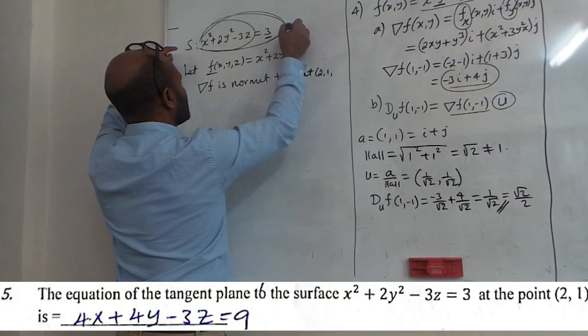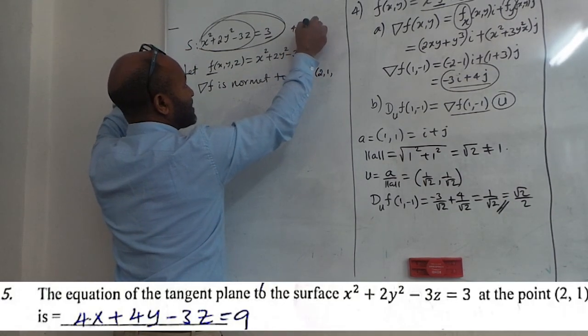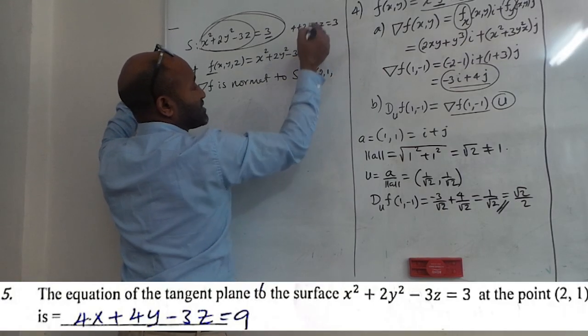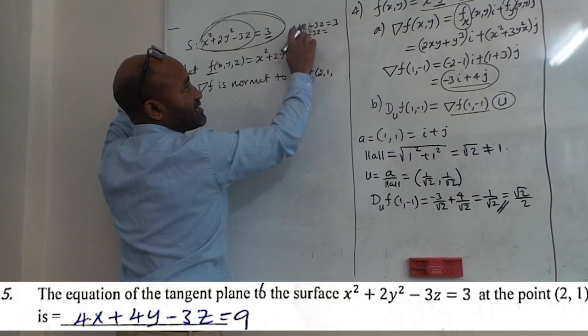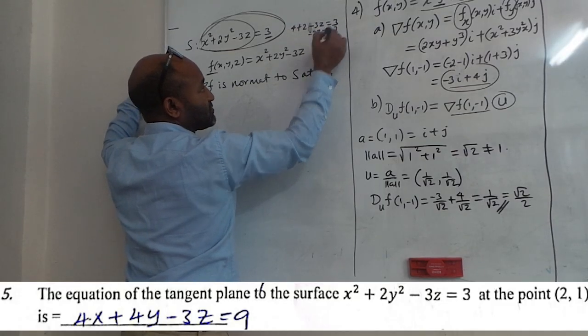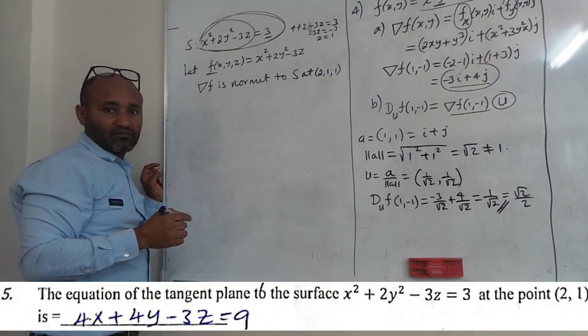So substitute here: 2 square is 4, plus 1 square is 1, 2 minus 3z is equal to 3. So minus 3z is equal to 6 minus 3 minus 3. So z is equal to 1. So the point is 2, 1, 1.